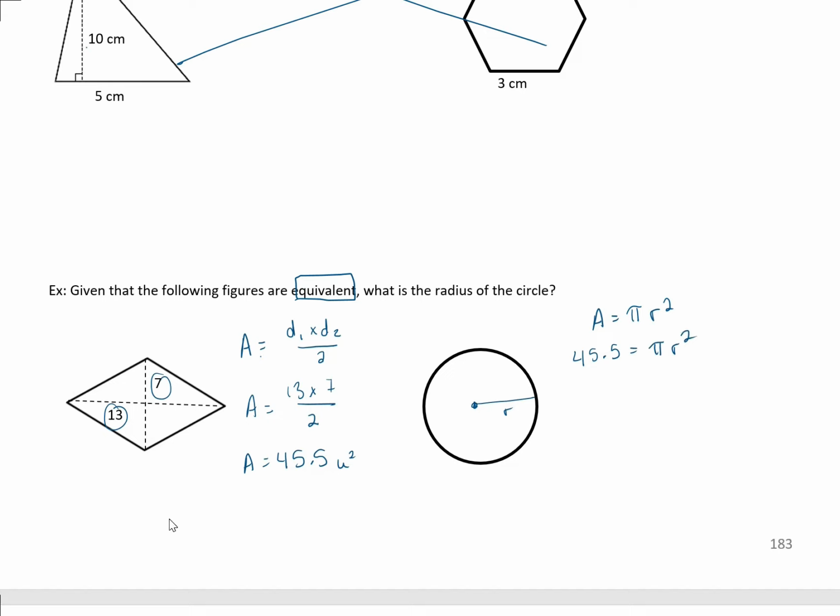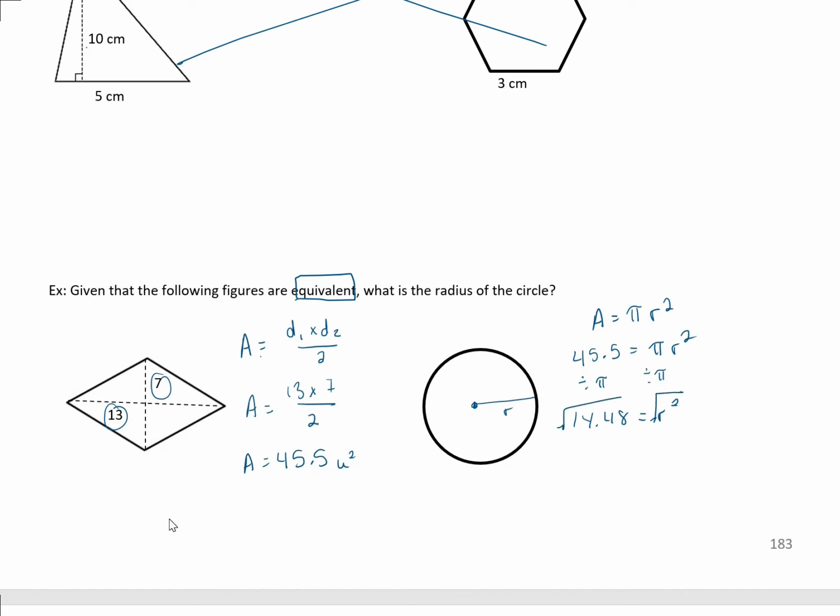And now we'll use some algebra to solve for r. Let's divide both sides by pi. And again, I'm using the pi button on our calculator just to make sure it's a little more precise. So 45.5 divided by pi is 14.48. And then I'll take the square root of both sides.